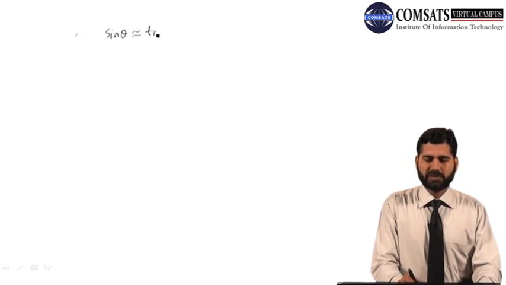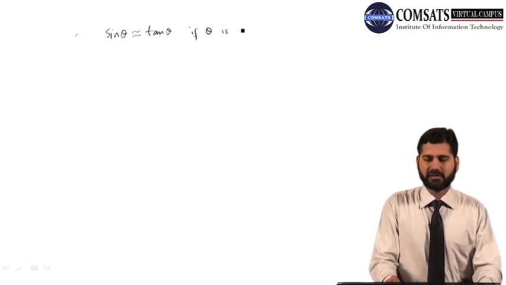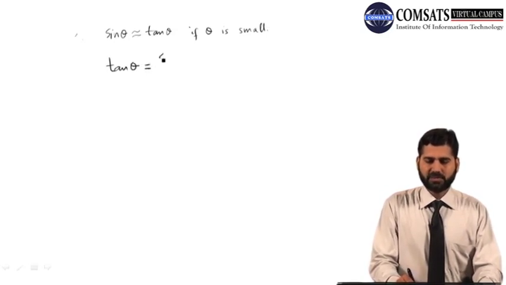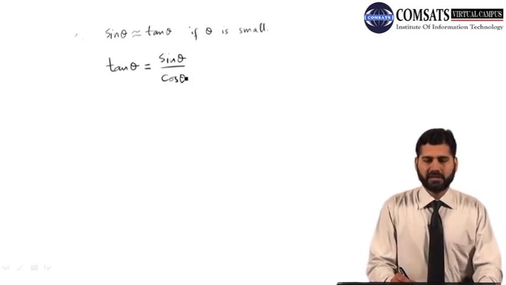So let me explain how we got those approximations. We said sine theta is approximately equal to tangent theta if theta is small. Right? So basically tangent theta is equal to sine theta over cosine theta, right?